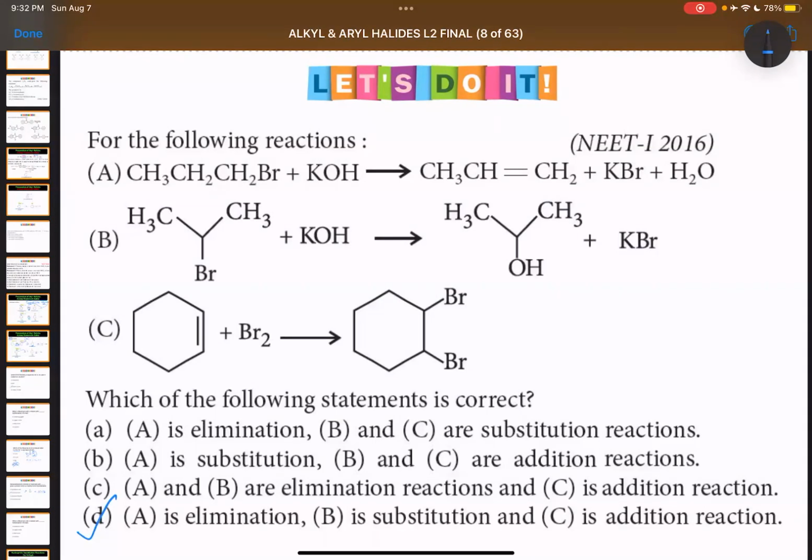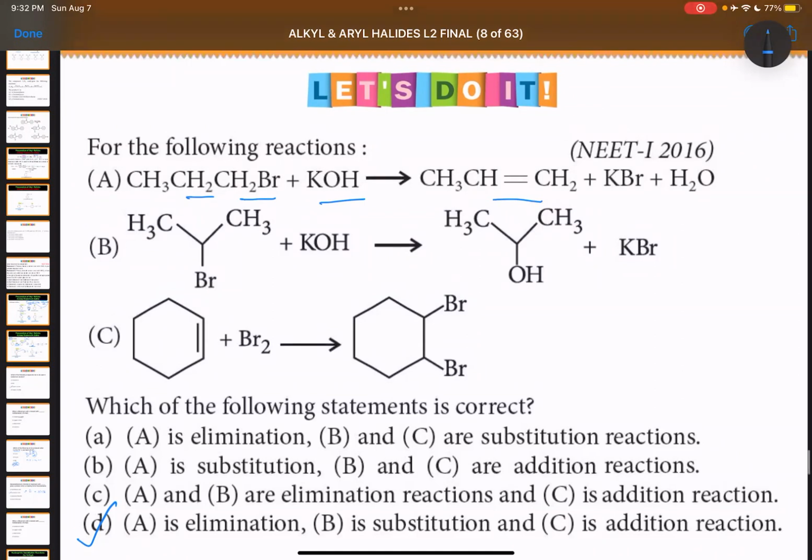Option D, the first option, is elimination. You need to check the whole molecule thoroughly and find out what groups are removed. There is a Br which is removed and a H which is removed, so that's why you have a double bond. And this is a substitution reaction, because one group is removed and another group comes and takes its place.